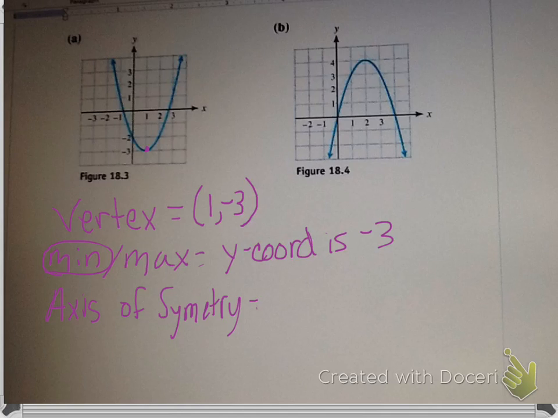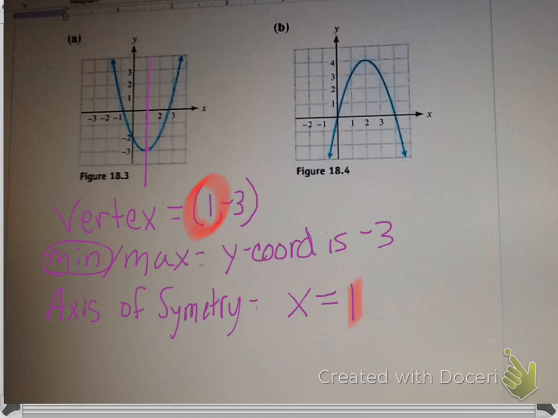And the axis of symmetry, remember, is that line that breaks it in half. It's a vertical line, so it's x equals. And the easiest way is to just look at what you wrote here for your x coordinate. It'll always be that. x equals 1.